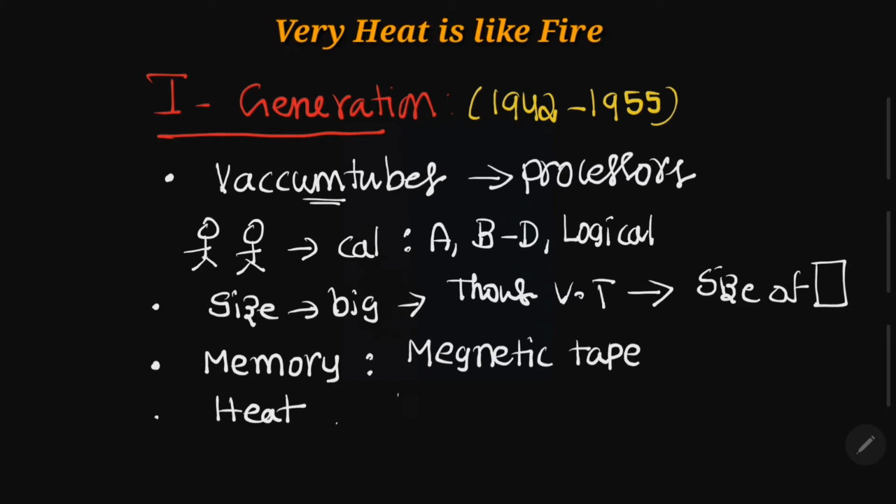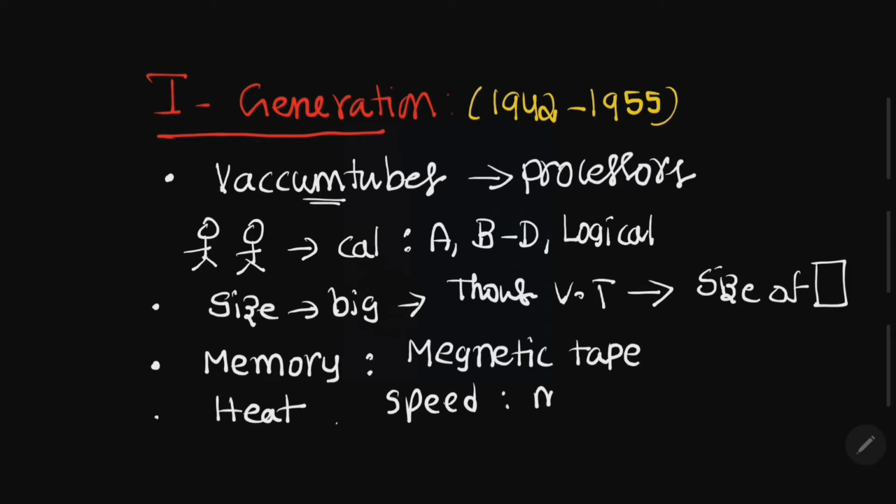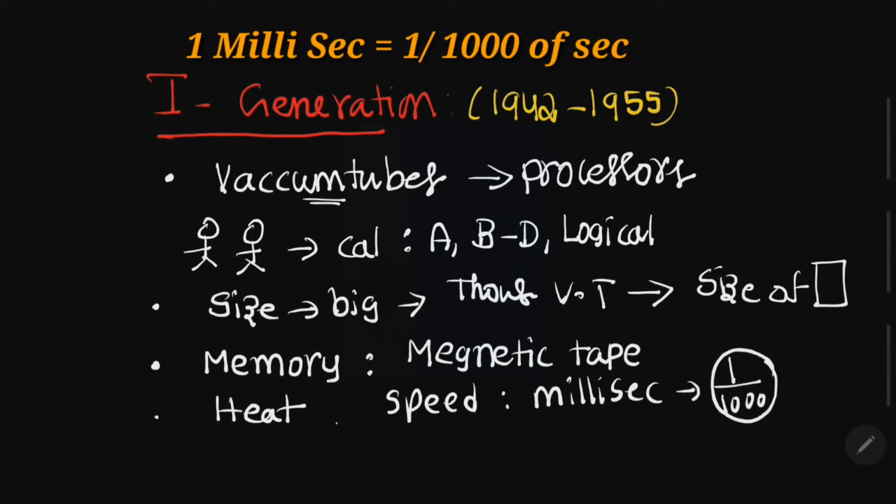Okay, the speed of vacuum tubes is in milliseconds. Milliseconds means 1/1000 per second.